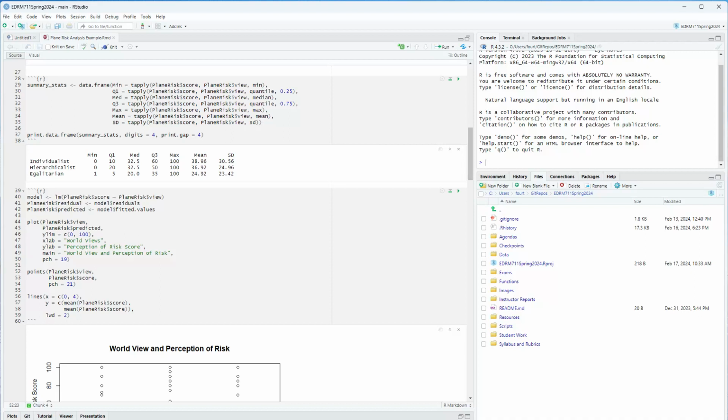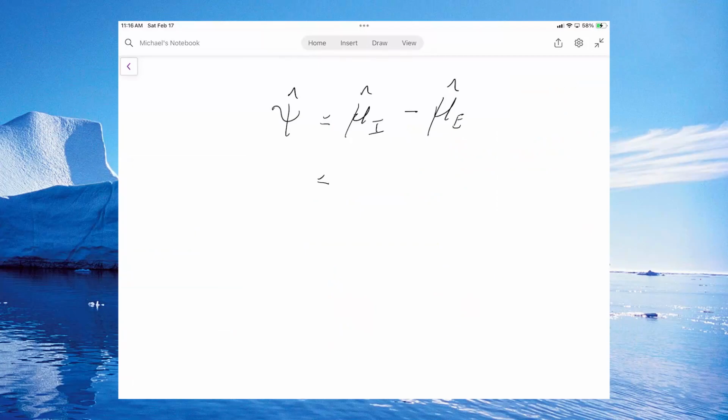Obviously, I would want to leave more decimal points in if I was doing the actual calculation, but just since we're looking at this pedagogically, it'll be easier if we call it 39 and 25. So I have 39 minus 25, which would equal 14. So this would tell us that the individualist has a mean that is 14 greater than the egalitarian.